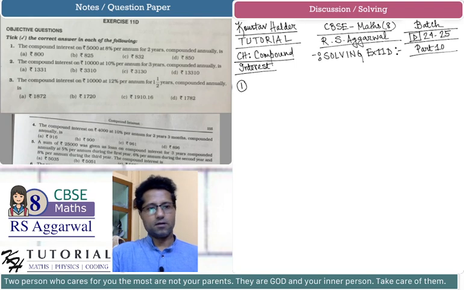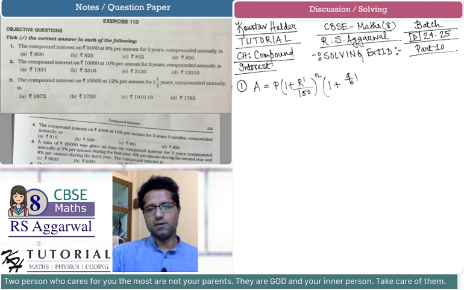Problem number 1: the compound interest on rupees 5,000 at 8% per annum for 2 years compounded annually is. Now we know that the general formula for the compound interest amount is A equals P multiplied by 1 plus R dash by 100 to the power n, multiplied by 1 plus the fraction A by B R dash by 100.